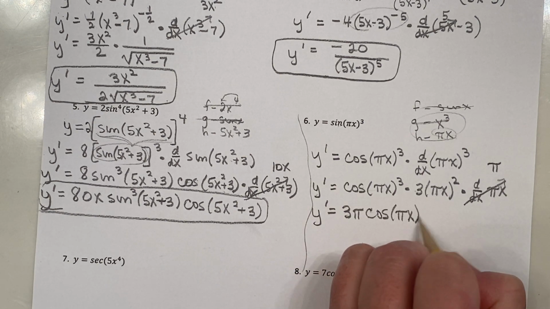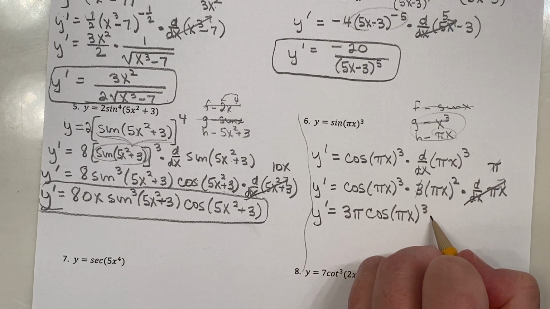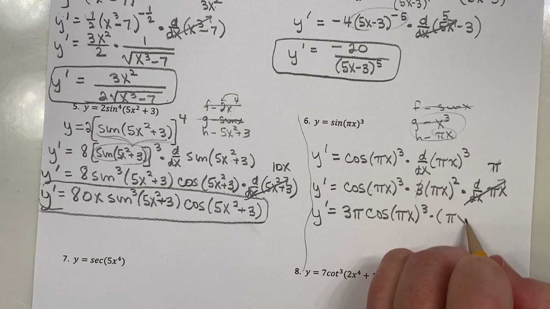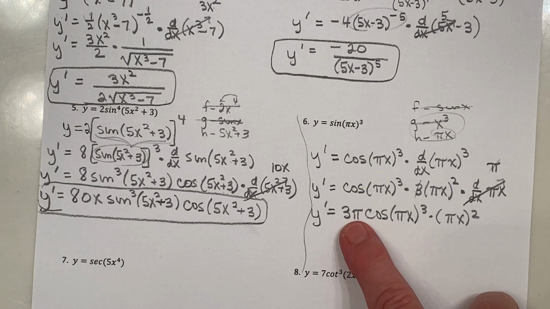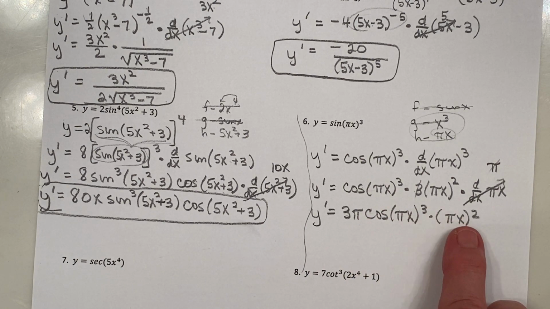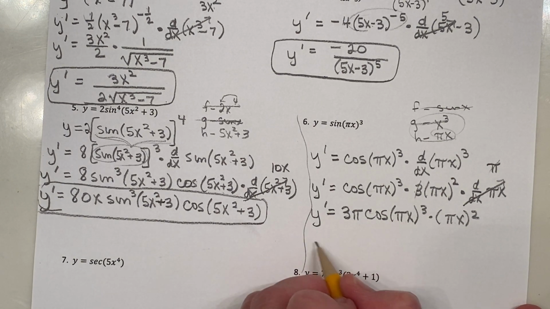Cosine pi x quantity cubed. I see I took care of the 3 and the pi. Oh, and then okay, I see, pi x squared is left. Yeah, I'm going to take this quantity and bring it up behind this pi because I don't want to suggest to somebody that we're multiplying these two together because we're not. That would not be to the 5th.